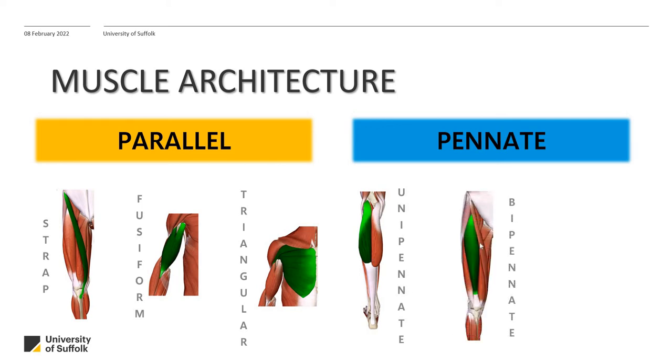A bipennate muscle, this is where the tendon of the muscle runs through the middle of the muscle, well, continues, I should say, through the muscle, and the fibers are arranged at about a 45-degree angle to this tendon. And finally, a multipennate muscle, and pretty much the only example I could think of would be your deltoids.